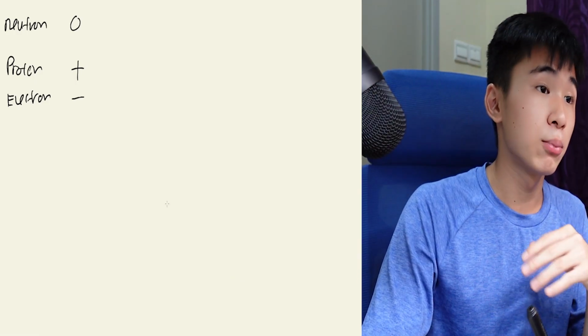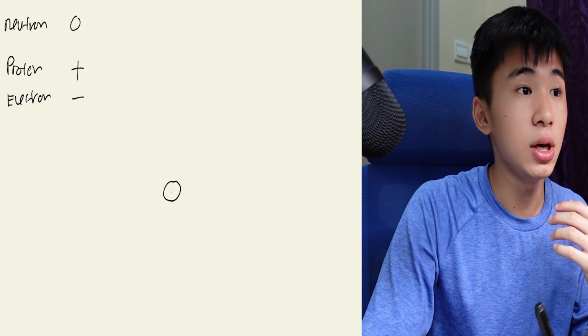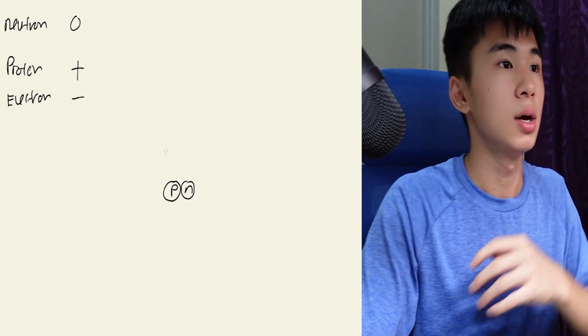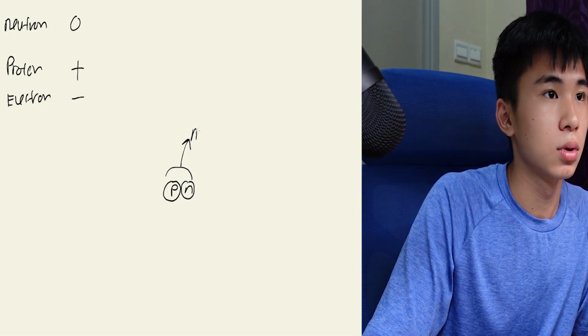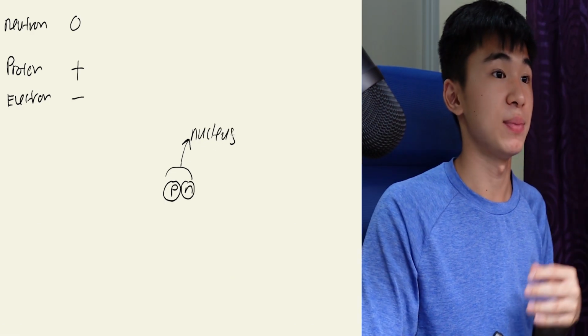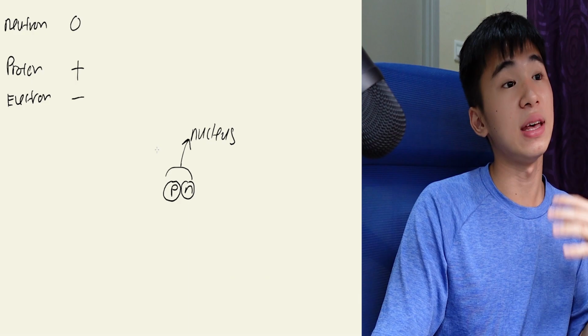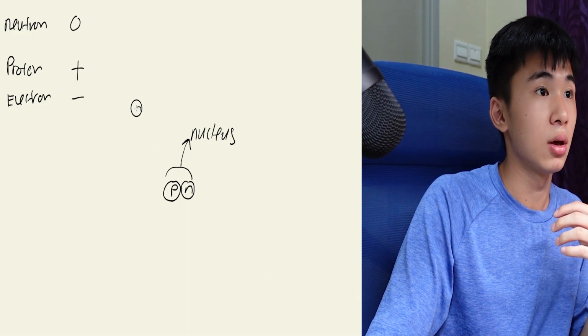Okay, so right now I'm going to sketch an atom. I will label the proton as P, neutron as N. So we call this the nucleus, the center of an atom, which is made up of protons and neutrons. The electron always orbits around the nucleus.